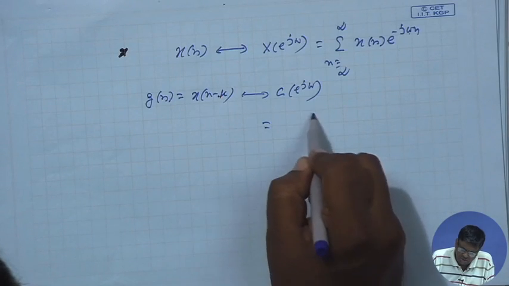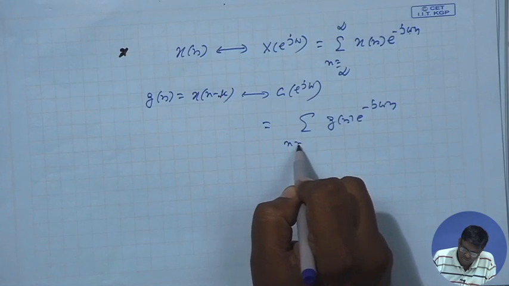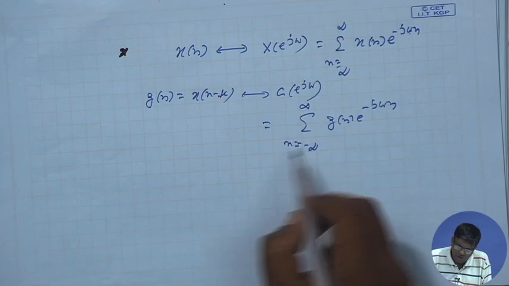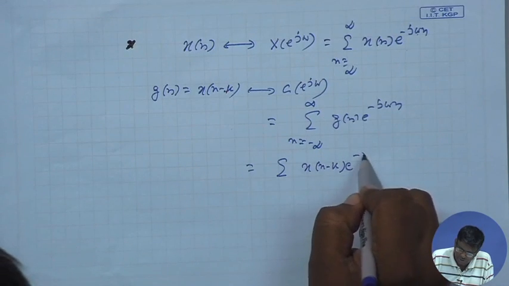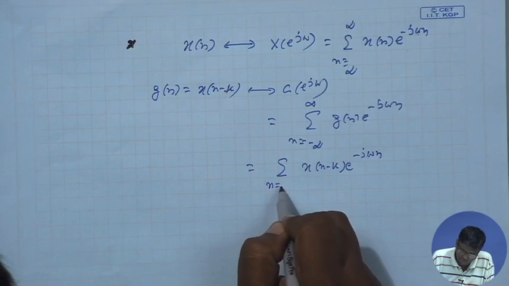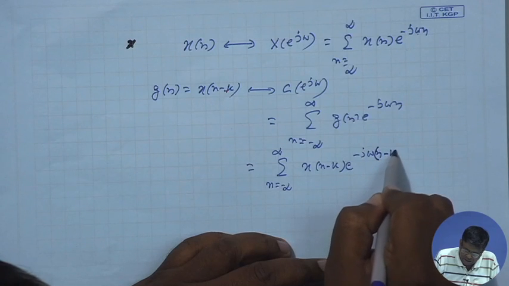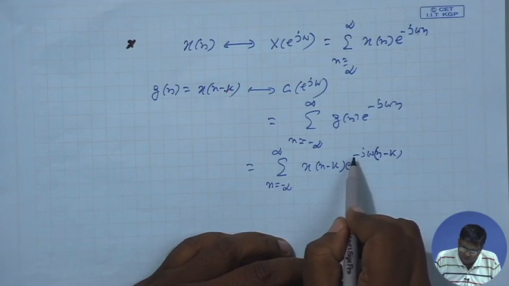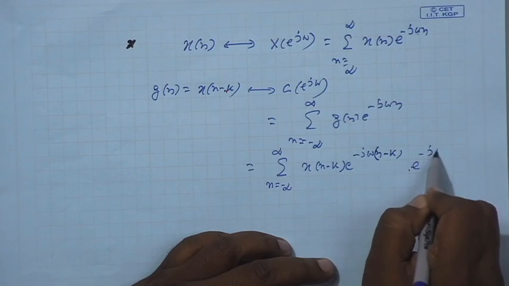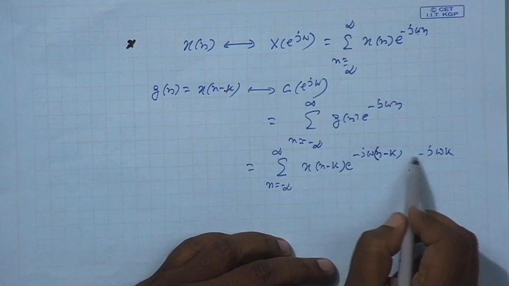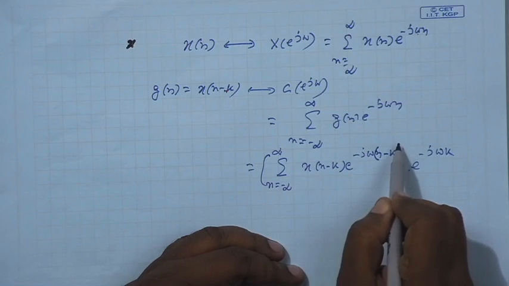Very simple, you run the same summation, and then g n is nothing but x n minus k. Now, here if suppose I bring n minus k here, that means e to the power minus j omega n minus k, so e to the power plus j omega k has come in. So, I have to cancel it. So, I have to bring e to the power minus j omega k, and this is dependent on k, summation is over n. So, this can go outside the summation as common.